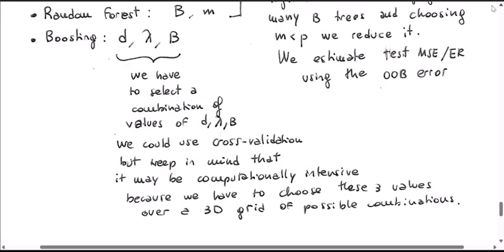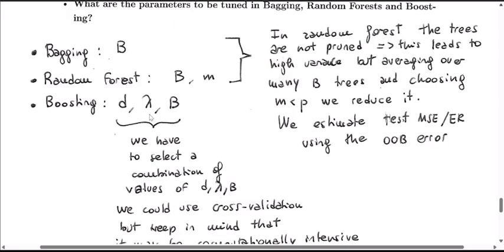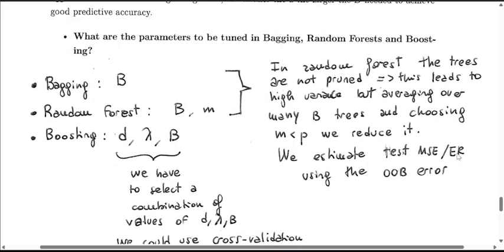And of course, with bagging and random forest, I said in random forest, the trees are not pruned. Don't forget, in the regression tree, we prune. Why do we prune? We don't want the tree to be overgrown with leaves. But in random forest, we don't do that. Okay.